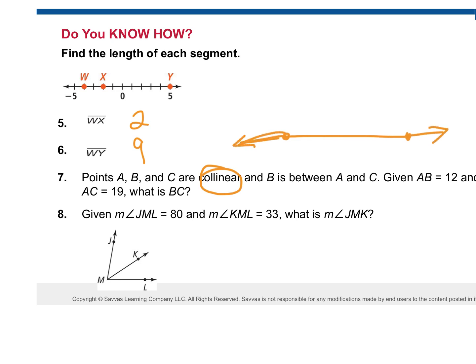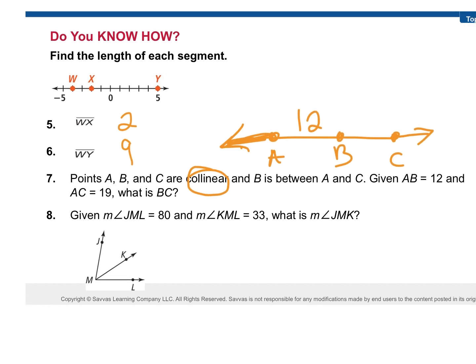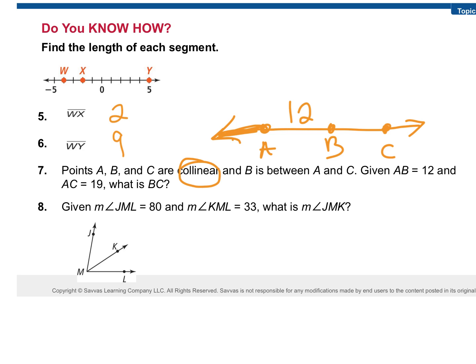A and C, and B is between them. If AB equals 12 and AC is 19, what is BC? And 19 minus 12 is 7.